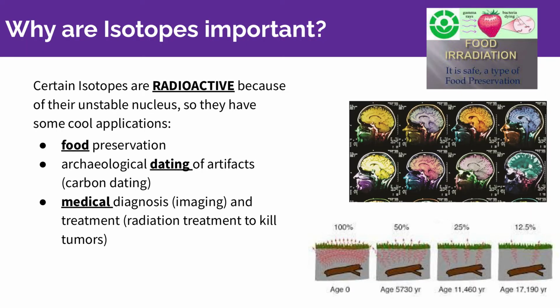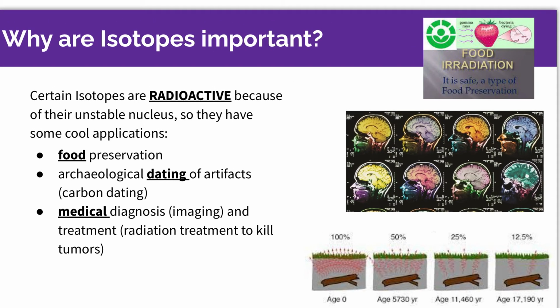And then medical imaging, where they use radioactive isotopes in order to see the images more clearly, and then also radiation treatment to kill tumors. If you remember back in Math 1, when we talked about exponential growth and decay, in order to date items like this wood, they used exponential decay of the carbon-14 isotope.